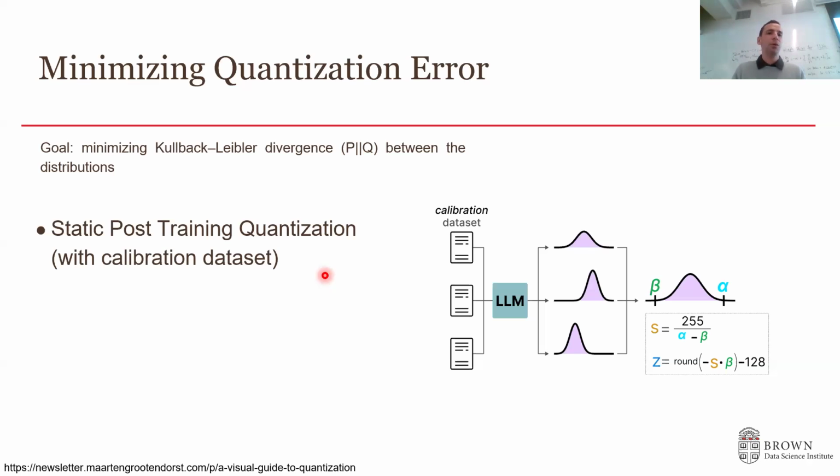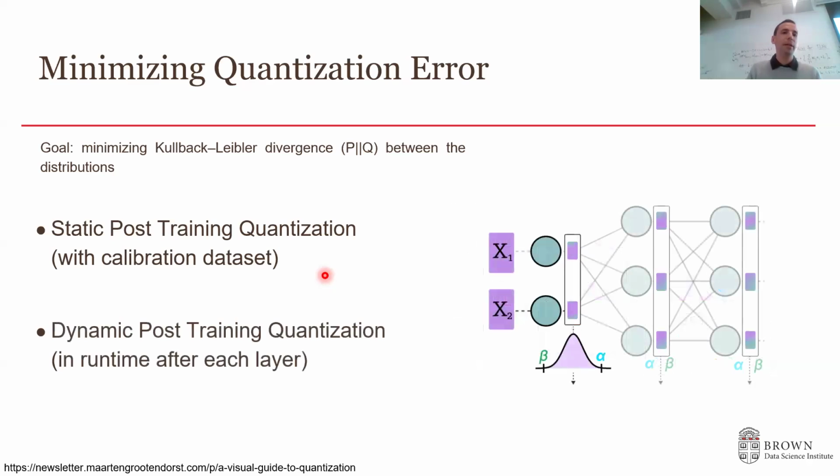So another technique is called dynamic quantization, where we actually quantize the weights beforehand, but we don't quantize the activations. We keep them in high precision, float 32, for example, and then only at runtime, we see the min and max of what's going through our layers, and then we quantize at runtime. So it's done layer by layer.